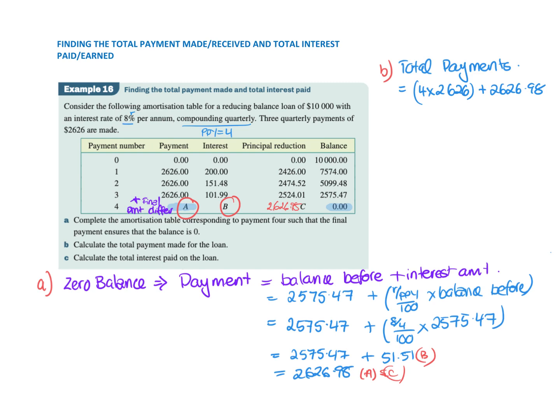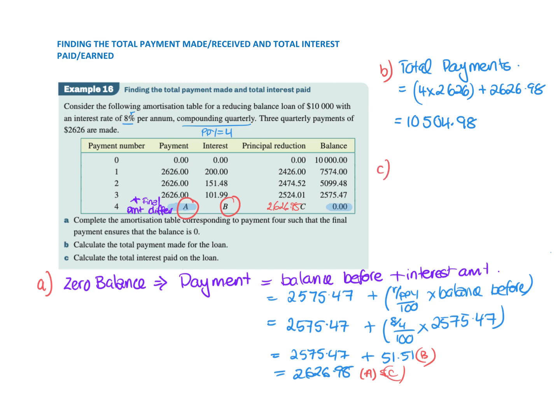So the total payment they made was $10,504.98. So if you have a look, they borrowed this money at the beginning of the year for $10,000. They made quarterly repayments. So in the end, they ended up paying $10,504.98 back.